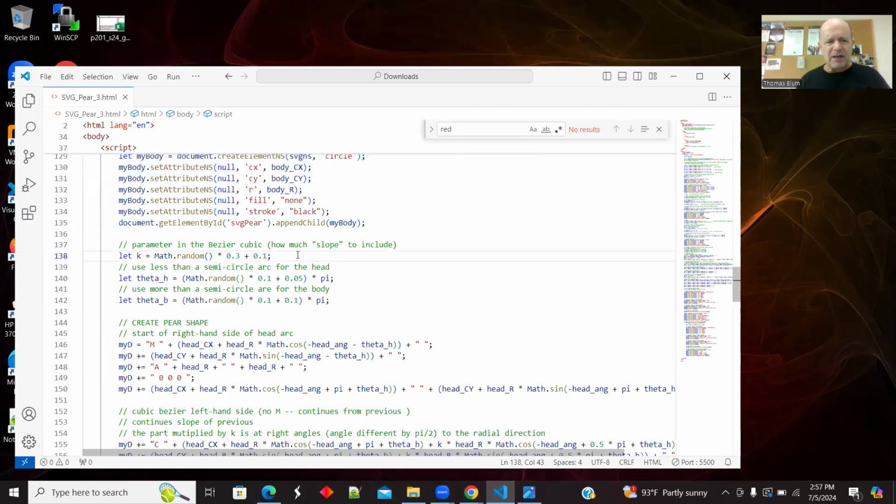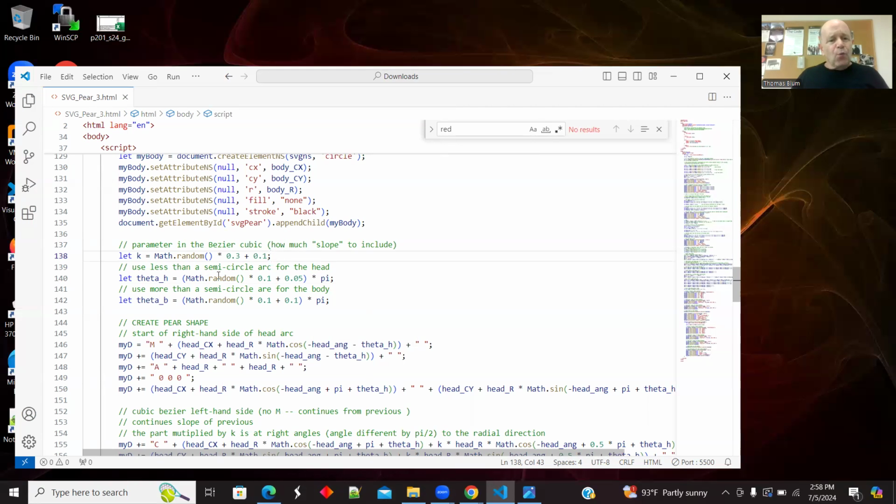This K is going to be some parameter. So in a cubic Bezier, you have these two slopes, the beginning slope and the end slope. And then you have points that are along those slopes, and then K determines how much along the slope you want to keep. And so I didn't have any good math to say I should pick this particular value, so I made it random between 0.3 and 0.4.